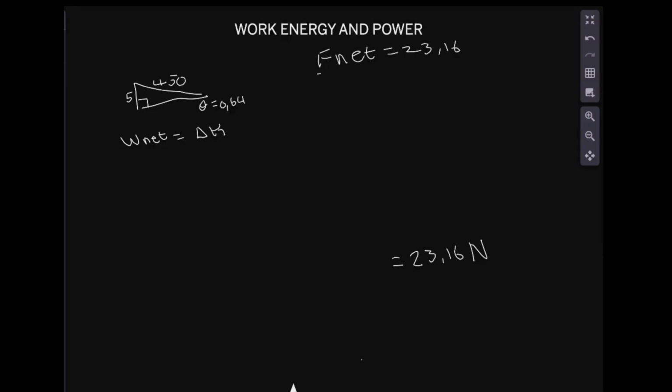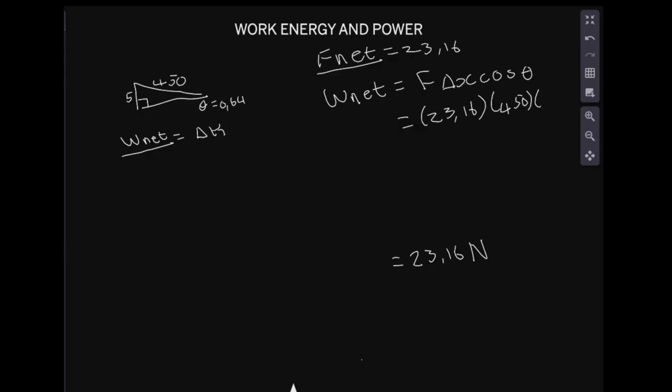Now if I have F net, this means I can calculate W net. So W net uses the formula F delta x cos of the angle, which is 23.16 multiplied by 450 times cos of 0.64.